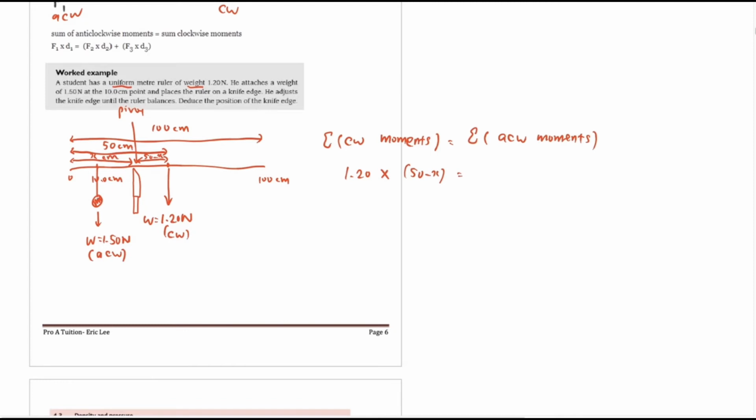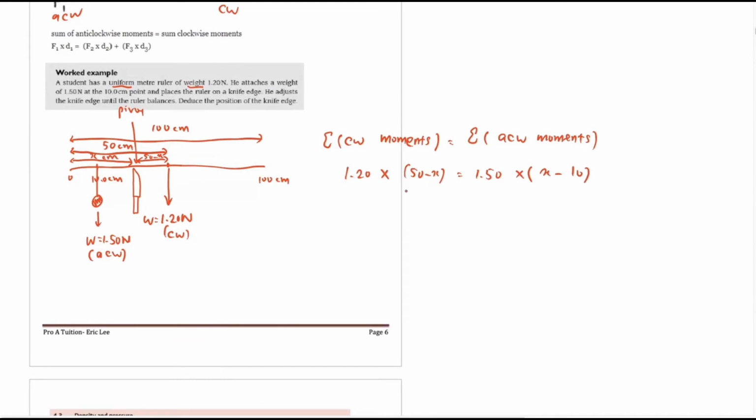Anti-clockwise moment, we have the weight 1.50, multiplied with the perpendicular distance, which is x minus 10, because here to here is 10. So x minus 10, then you get this distance.